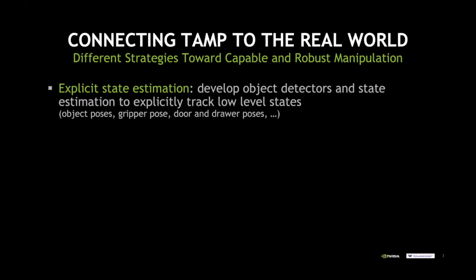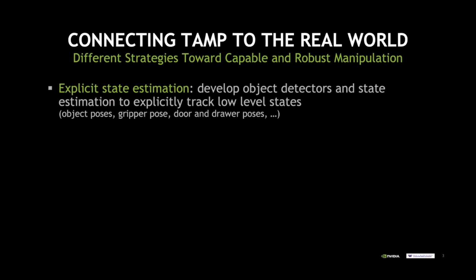Again, under the assumption that we have 3D object models, that we are estimating where the robot gripper is, where it is in the environment. And also, if you want to have a robot operating in a larger scale environment, we want to track and estimate the state of all the doors and drawers in the environment. So here the focus is really coming up with a very explicit state estimation based approach.